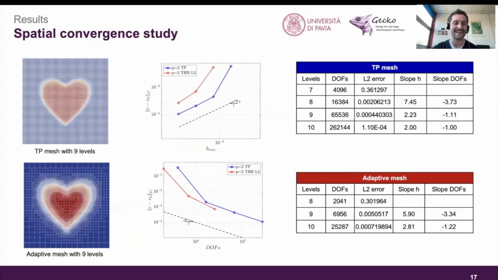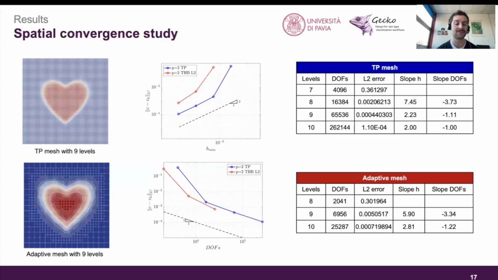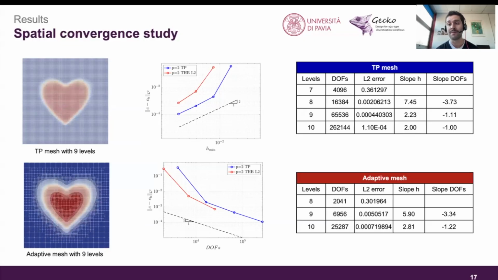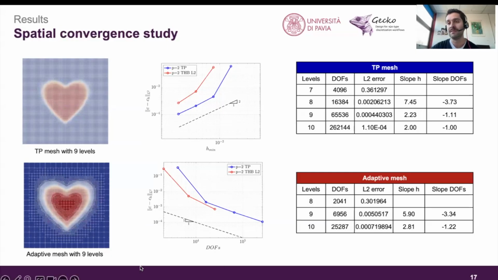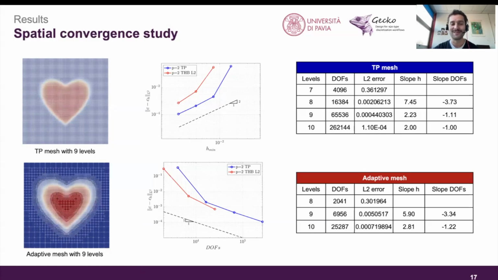And as I said, this is a work in progress, and there are probably a lot of things to consider here, because also the marking of the function plays a role, like the way we mark for the refinement in this case, and probably the limits for the refinement are not ideal in this case. But again, this is a work in progress, so we hope to have better results soon.